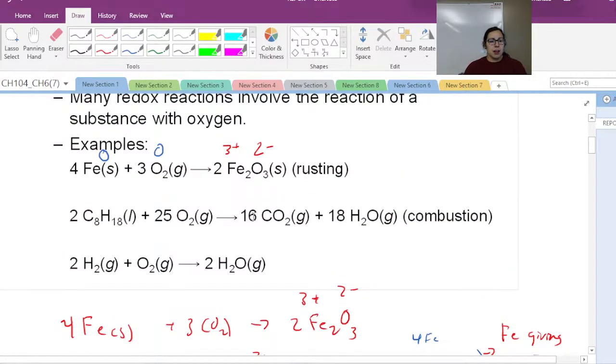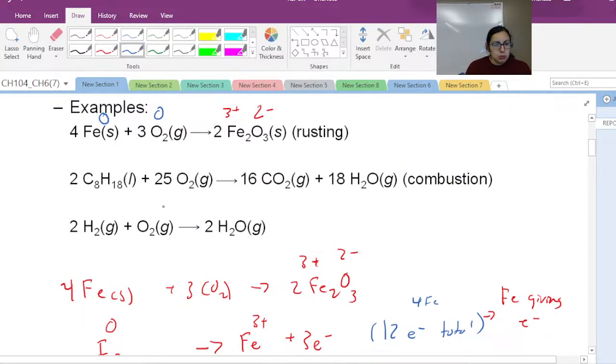And so we can analyze these other ones as well, so we don't have to go as in depth. Let's skip this combustion one for a second. So let's take a look at this easy one. H2 plus O2 gives us water. Like we saw in our balloon reaction, both of these start in their elemental forms, and then obviously hydrogen becomes 1 plus and oxygen 2 minus.